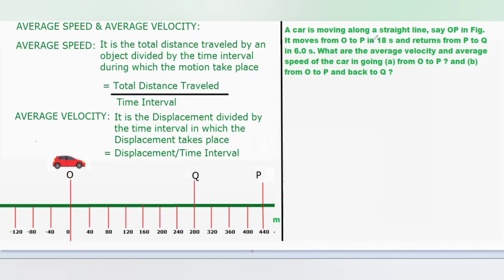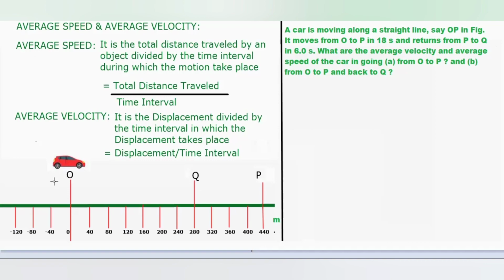For these two cases, the time intervals are given. Already we discussed how to calculate the displacement and distance in this case, which are needed here. The displacement is needed for average velocity, and the distance, from the previous topic, is needed for average speed. Then with respect to the time interval, we are going to calculate the average velocity and average speed of the car in these two cases.